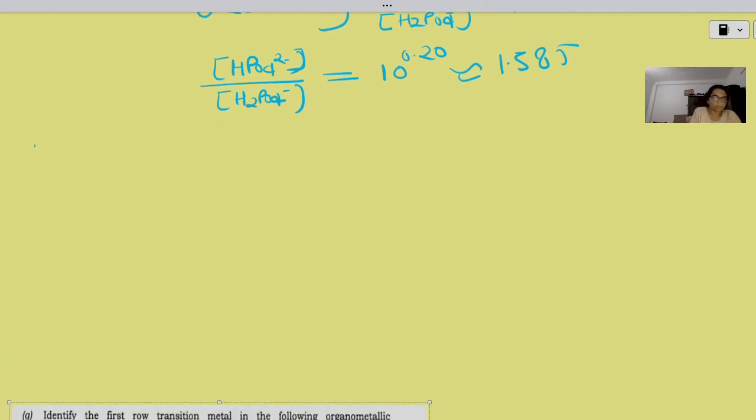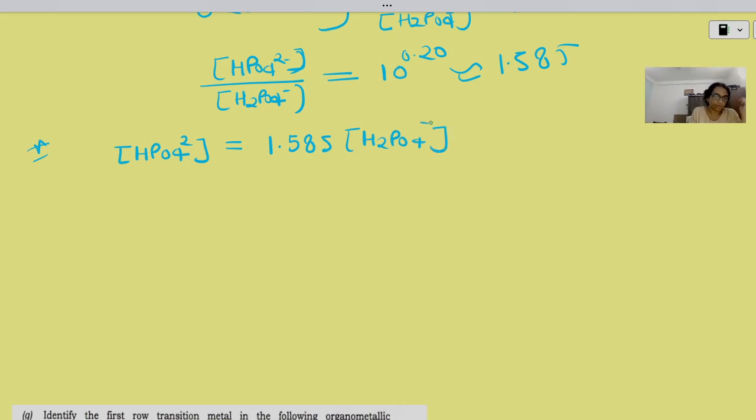In the fourth step, we calculate the concentration of HPO4 2 negative, which is 1.585 times the concentration of H2PO4 single negative. Now substitute the value of the total concentration.